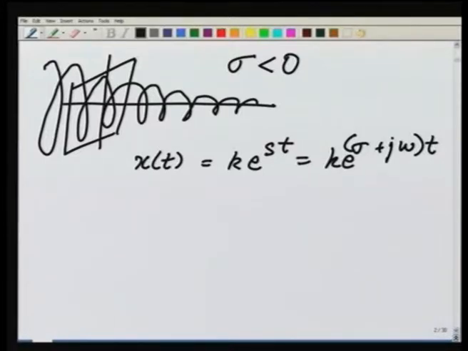Now, let us see the role played by each of these quantities. K acts as an overall scale factor for the diameter.